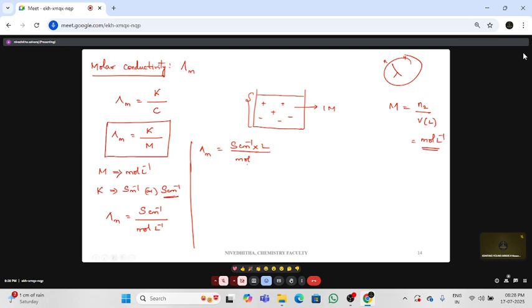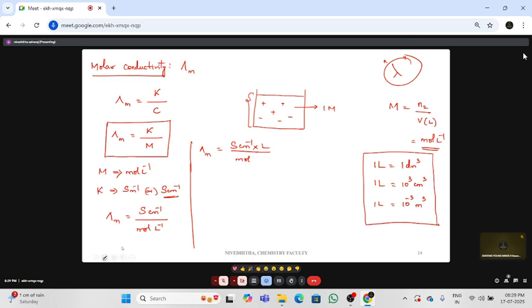Here we have no common terms to cancel, but we know the relationship between liter and centimeter. 1 liter is equal to 1 decimeter cube, there is no conversion at all. 1 liter is equal to 10 power 3 centimeter cube, and 1 liter is equal to 10 power minus 3 meter cube. So this is the relationship between liter, decimeter cube, centimeter cube, and meter cube.